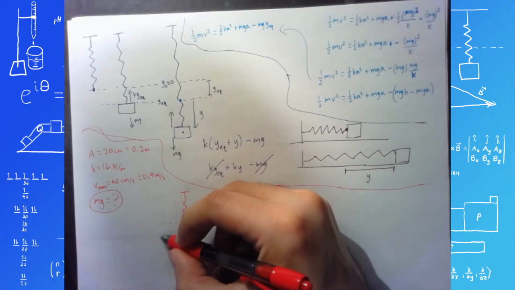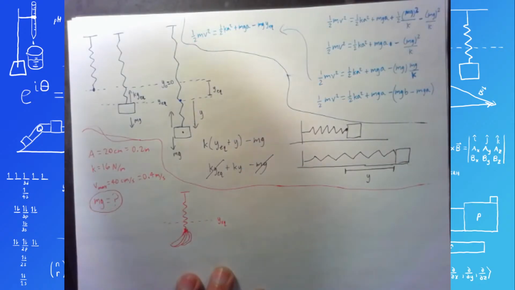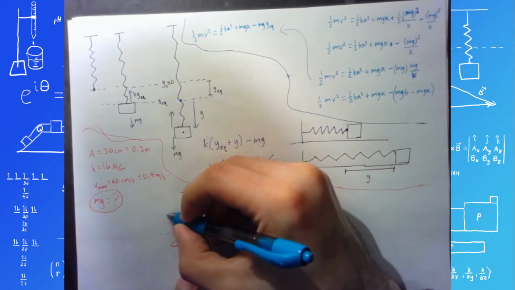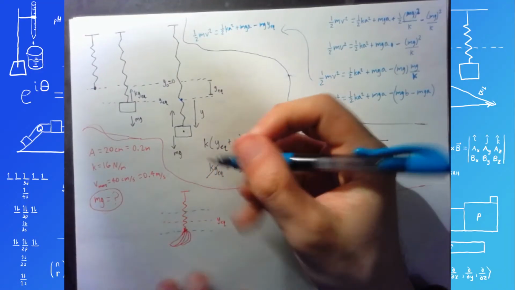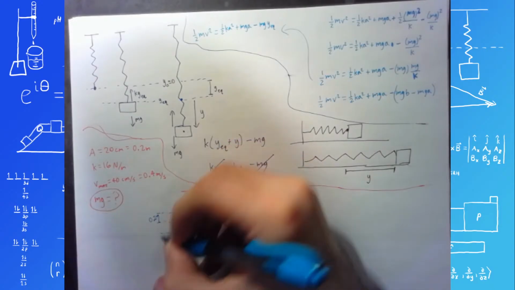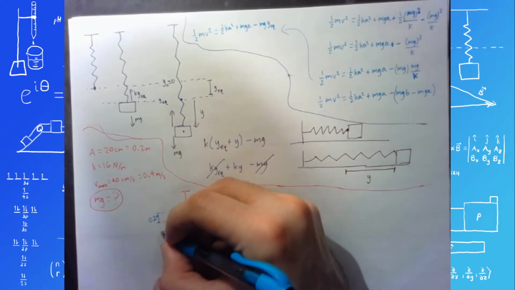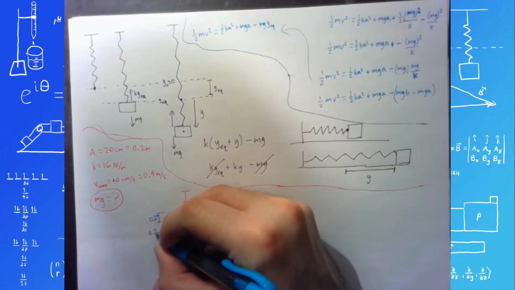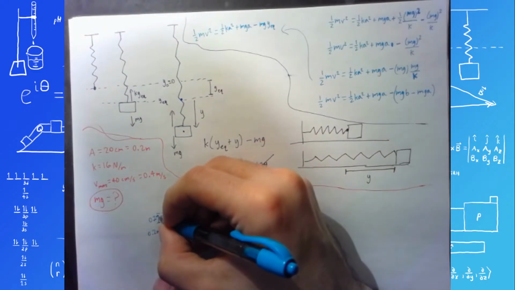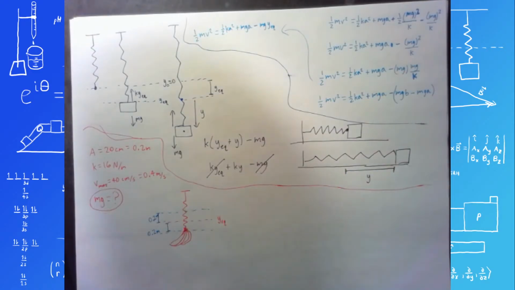And it oscillates back and forth between that position and these two positions. And these distances are 0.2 meters each, so that's 0.2 meters of distance from this y equilibrium.